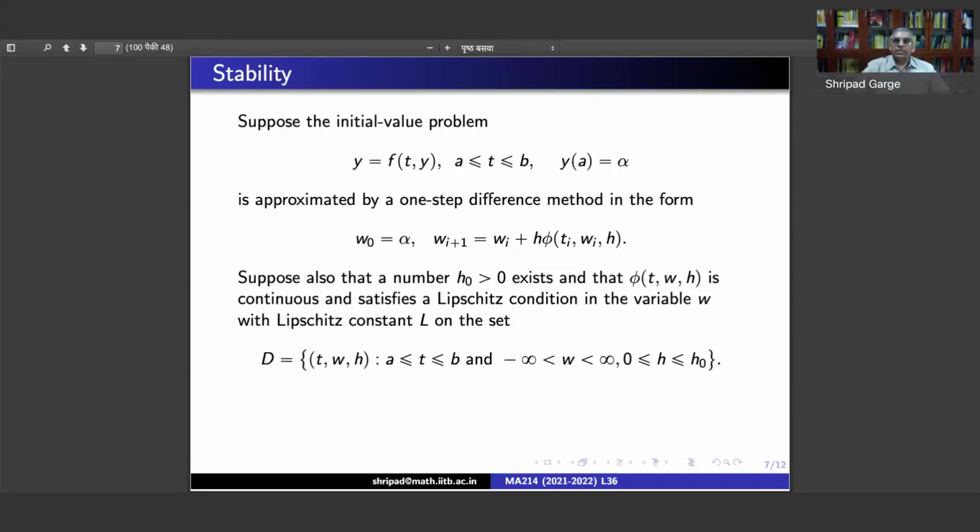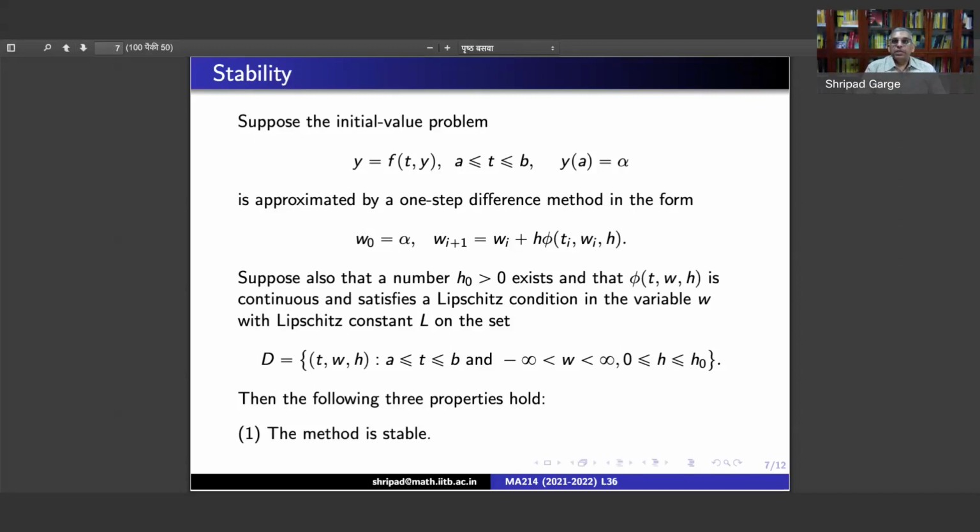So it's a vertical strip with thickness h_0. Then the following three properties hold. On this thick vertical infinite strip, we assume that our function phi is continuous and moreover satisfies a Lipschitz condition.